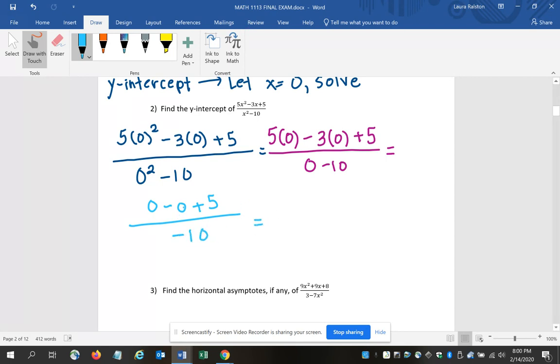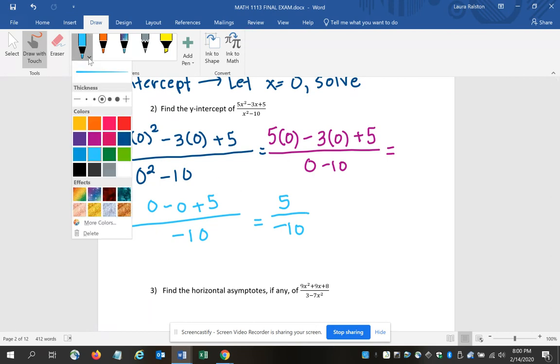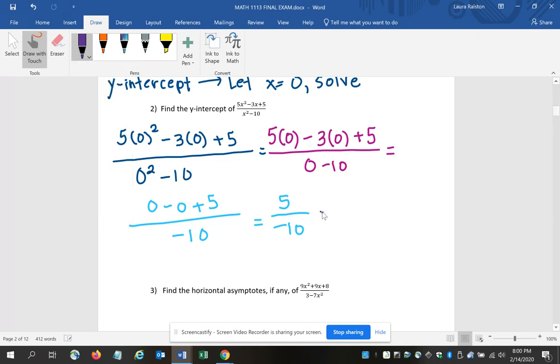So it's going to give me 5 divided by negative 10. The answer is a fraction, so be extra careful. Make sure you simplify the fraction and watch your sign. 5/10 will simplify to 1 over 2, and it needs to be negative. And normally you'll see that negative sign written in the numerator as opposed to the denominator.